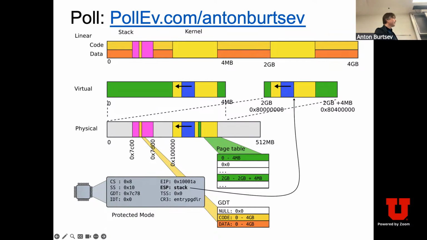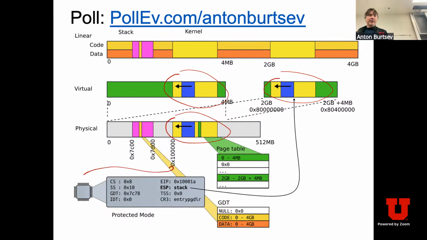Let me try to explain. If you are in the room, you can look at this picture and say, in virtual addresses, the kernel is here and here. It's double mapped. But in physical addresses, it's just here, and this is where we loaded it. This magical value is 1 megabyte.